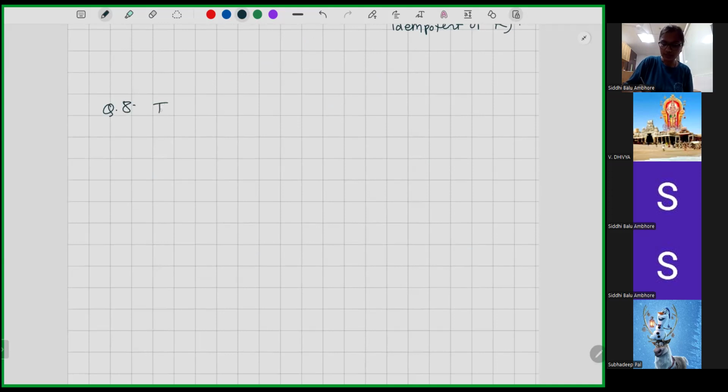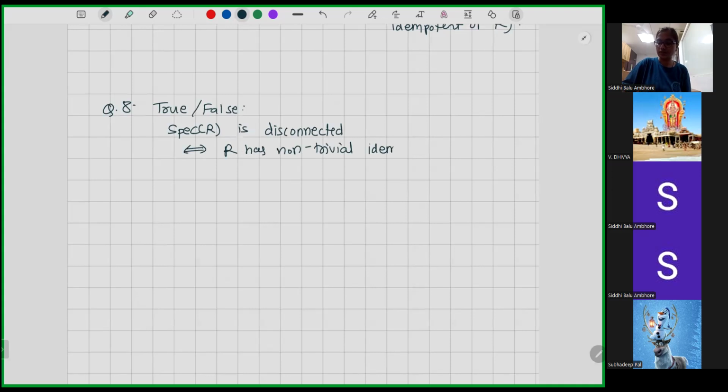Question 8, again true or false: Spec R is disconnected if and only if R has a non-trivial idempotent element.